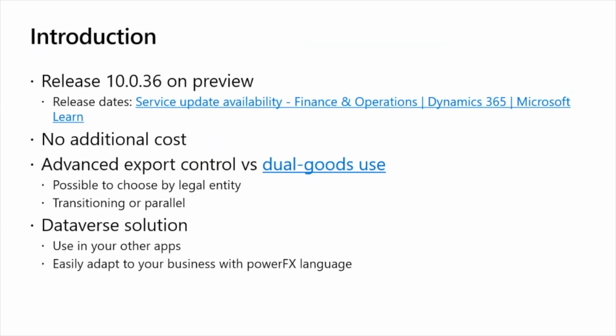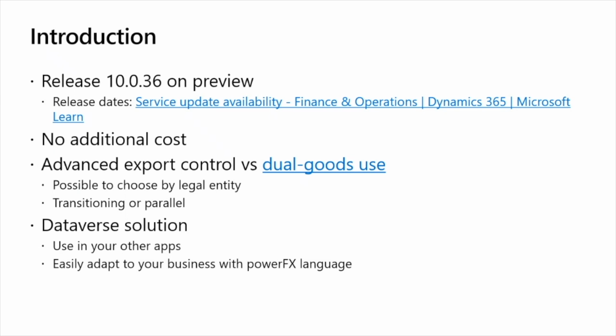Advanced export control is coming in release 10.0.36 on preview. The 10.0.36 release is already available for GA for self-update since September 15th, and you can also auto-update on LCS on September 29th. So you're already able to use this functionality and test it out yourselves.